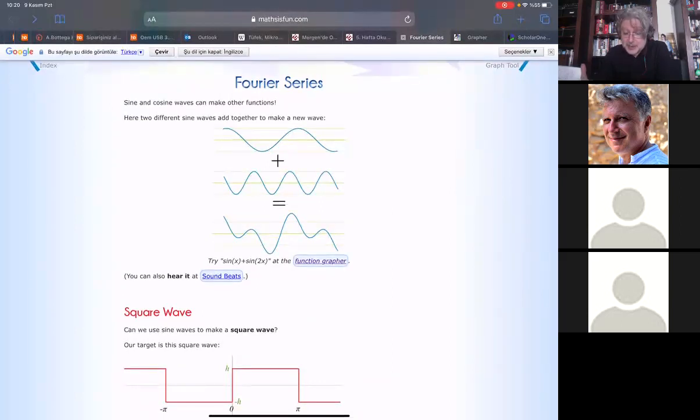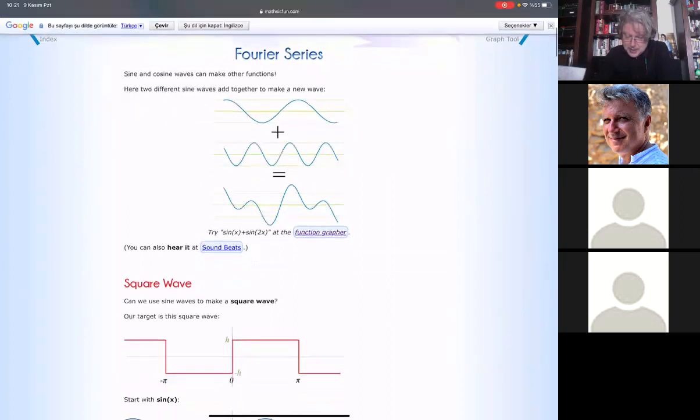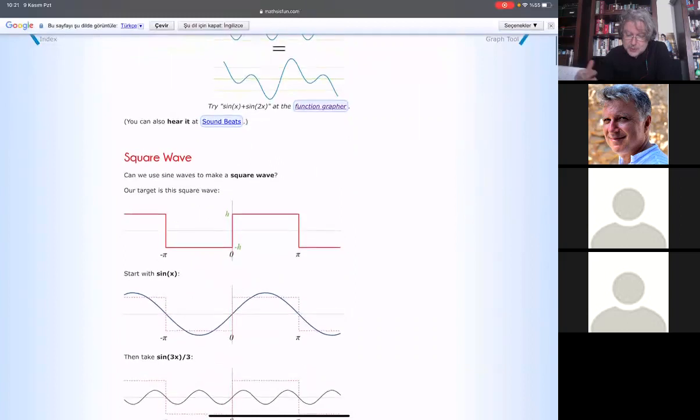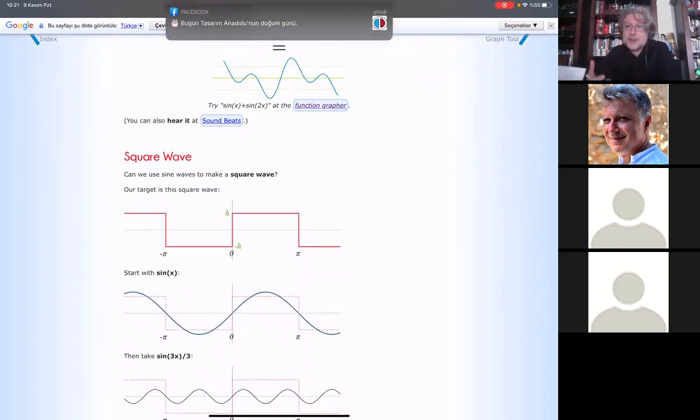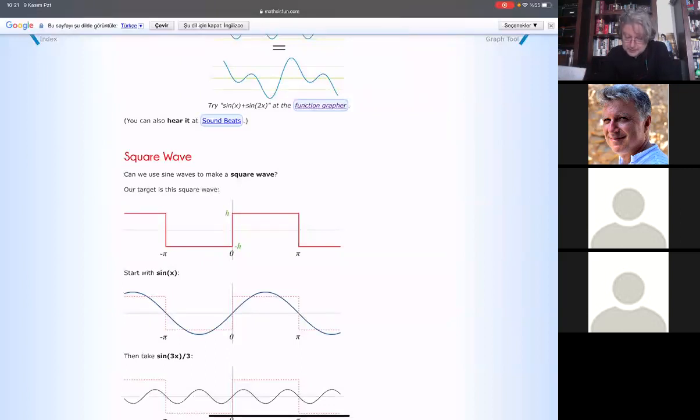First of all, it explains the fact that sine and cosine waves can make other periodic functions. So we add sinusoids at different frequencies and phases to come up with a combined new signal. So the question is, can we use sine waves to make a square wave? And we know that we could, and essentially we found the Fourier series coefficients of this particular example. We solved it already.